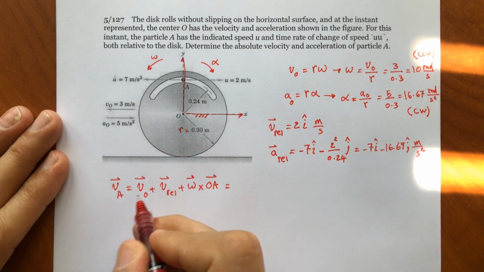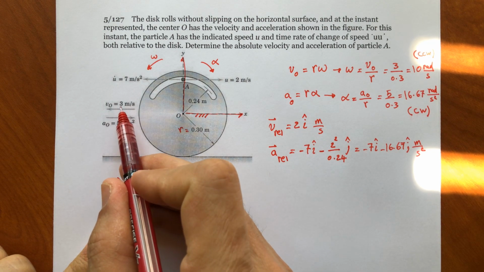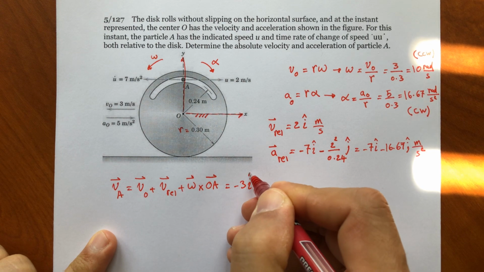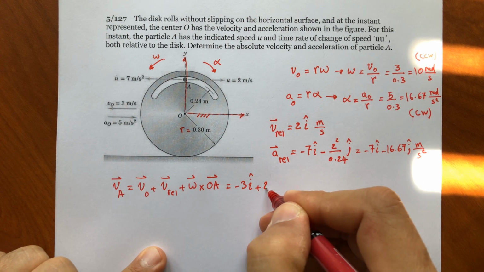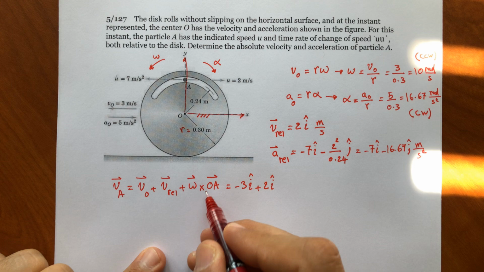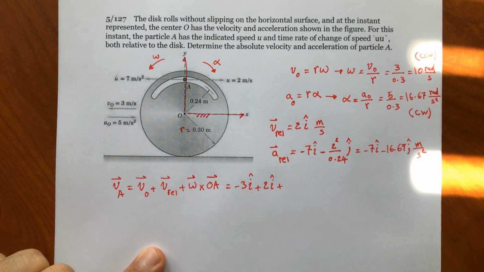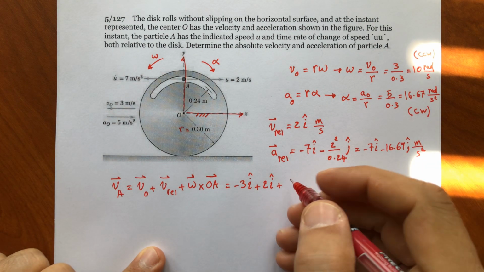So it's going to be equal to velocity of O. Velocity of O is given. It is 3 meters per second in negative I direction. Relative velocity, we found it here. So it is 2I. Omega cross OA. Omega, we found it to be in counterclockwise direction, and the magnitude is 10, so it is 10 k hat.